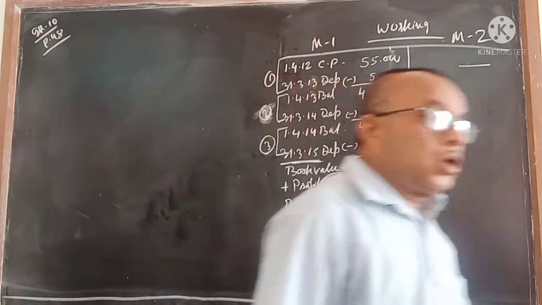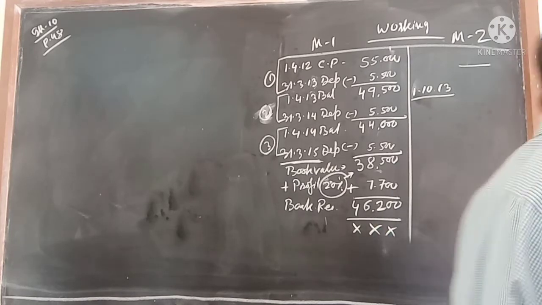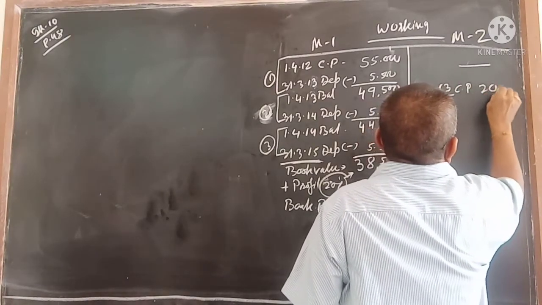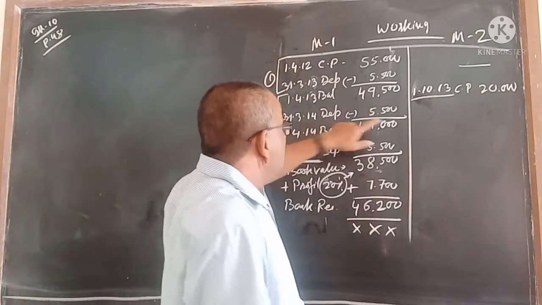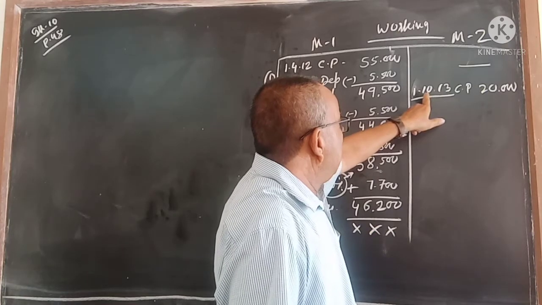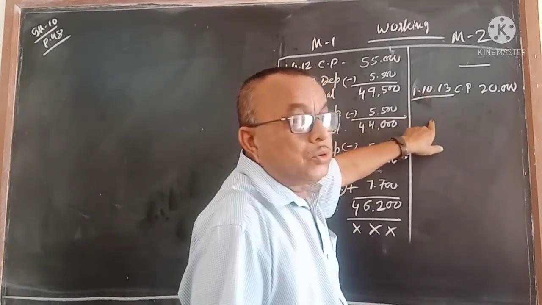And second machine cost, how much was it? Second machine cost was 19 plus 1, 20,000. CP is equal to 20,000. Now we will charge the depreciation. When the year completes, we will charge the depreciation. You don't count the first month here, and after 12 months from 1/10, you don't count.